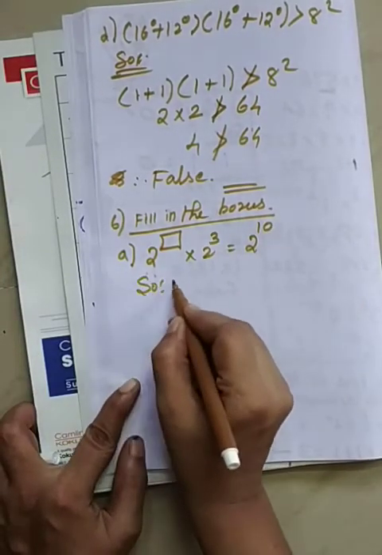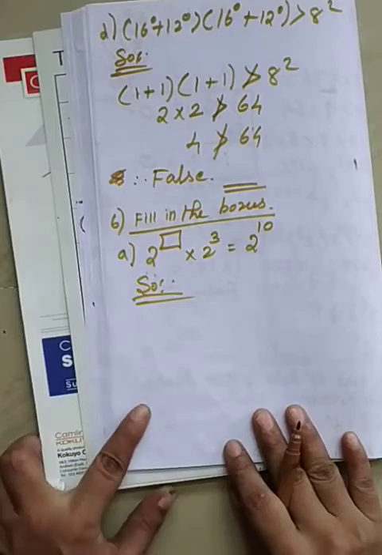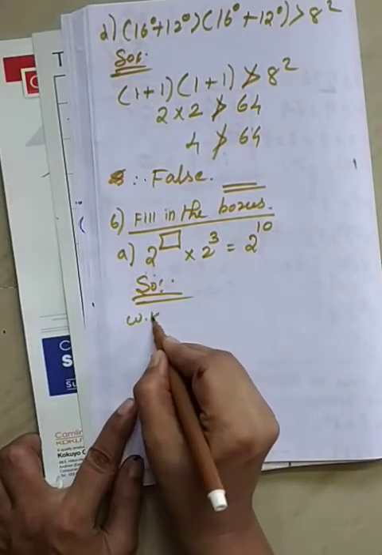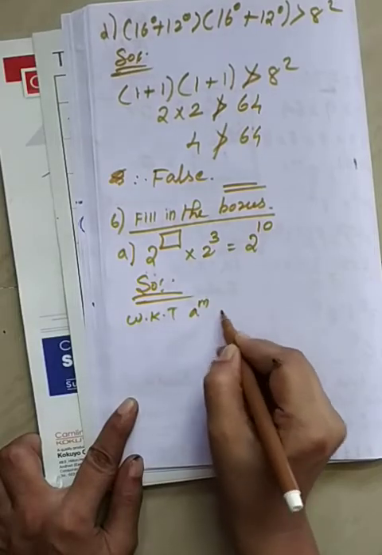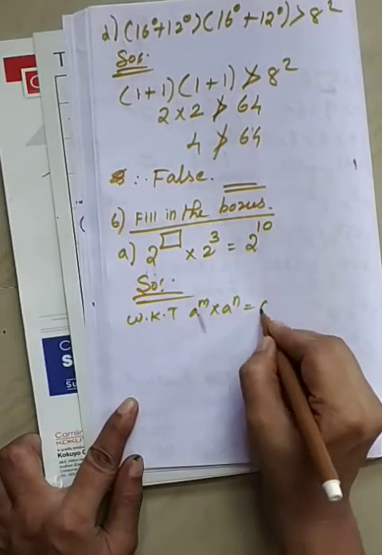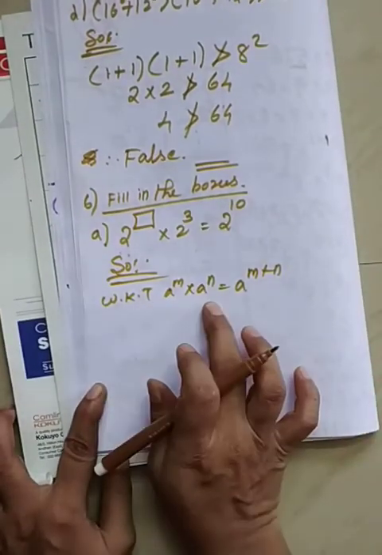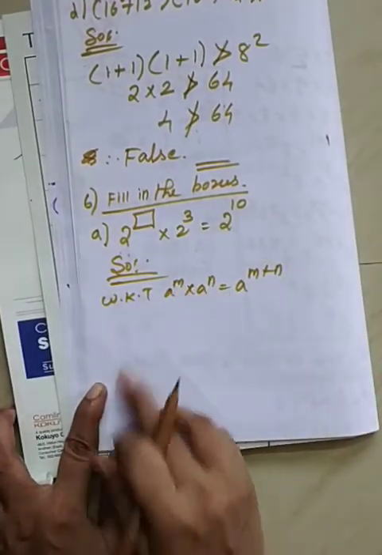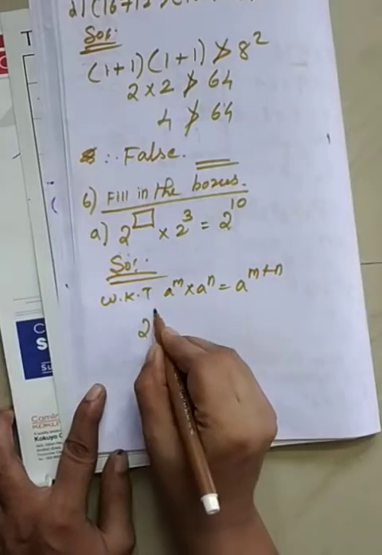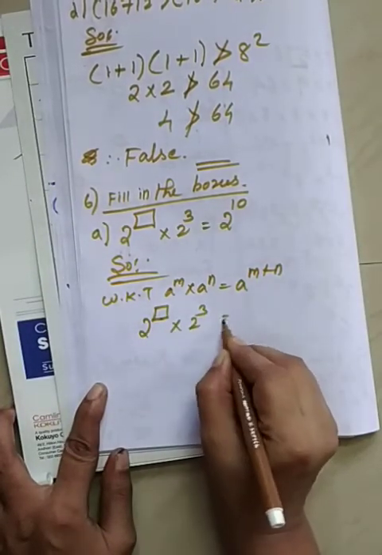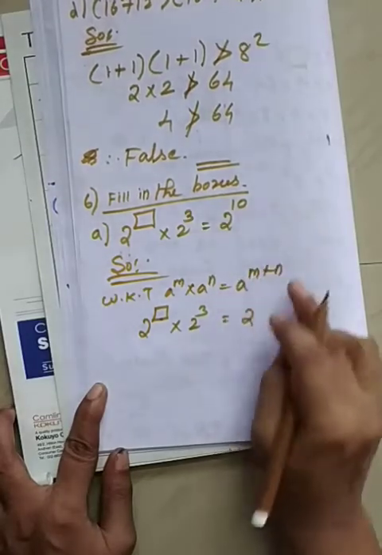How can you find that? Everybody knows the formula. What is the formula? a power m into a power n equals a power m plus n. When the base is the same, you can add the powers.